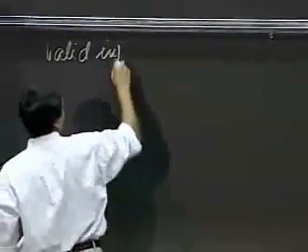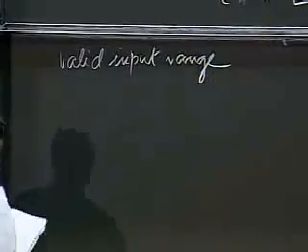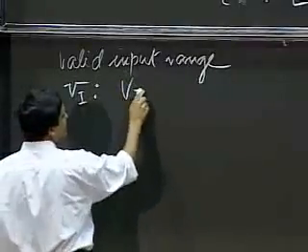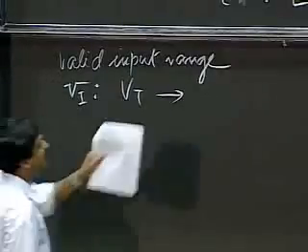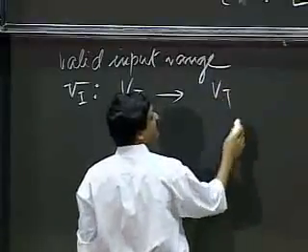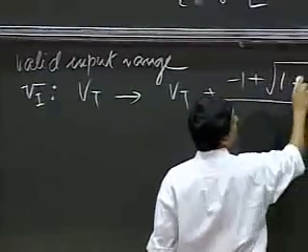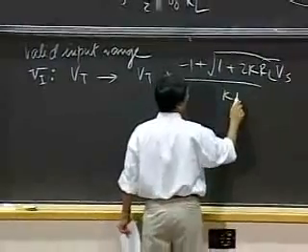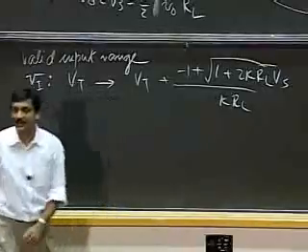My valid input range for Vi starts at Vt, where the transistor just turns on, and goes all the way to this point, Vt plus (minus 1 plus square root of 1 plus 2k RL Vs) over k RL. So this is my valid operating range.